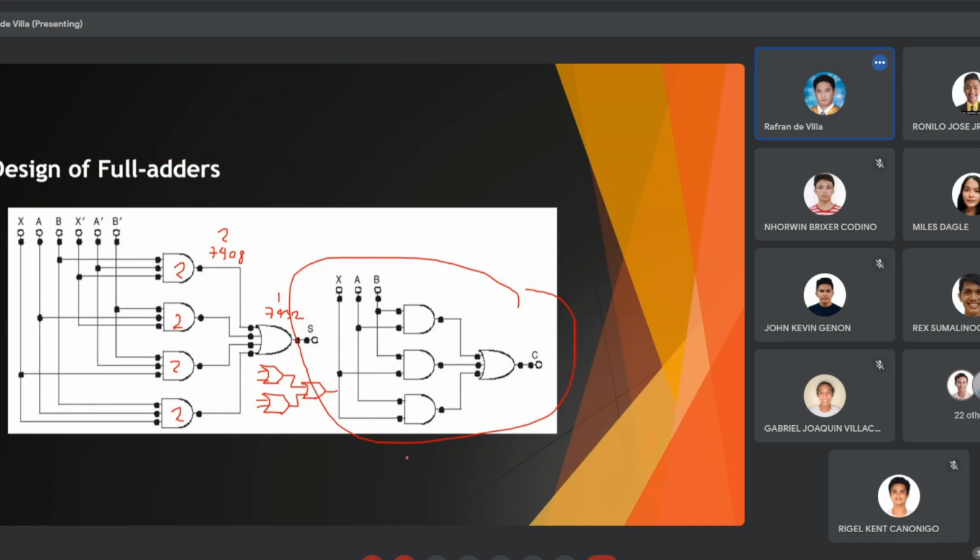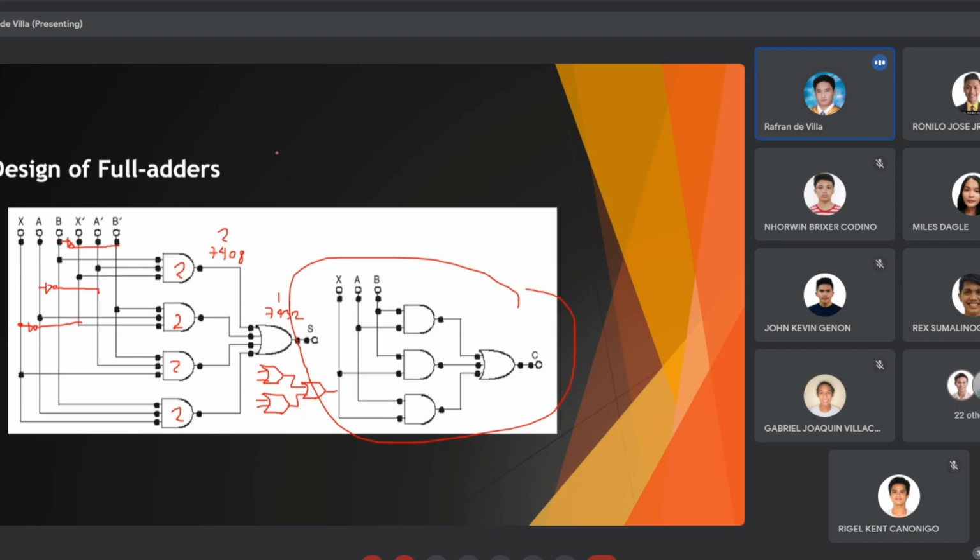Now, there are cases when constructing the final circuit where we can connect it directly to reduce the wiring. So you have here your A complement and here your X complement, something like this, for convenience.